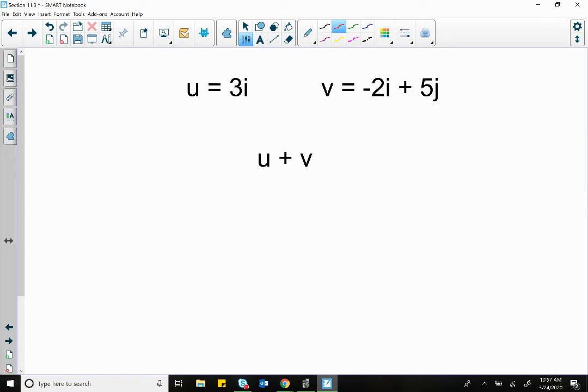It's kind of like adding and subtracting like terms. So we can work with this as unit vectors because, again, in the end, they will want the unit vector answer, just so you know. If you're working with unit vectors, in the end, they generally want unit vectors. So if I'm going to add these, I've got 3i plus negative 2i plus 5.